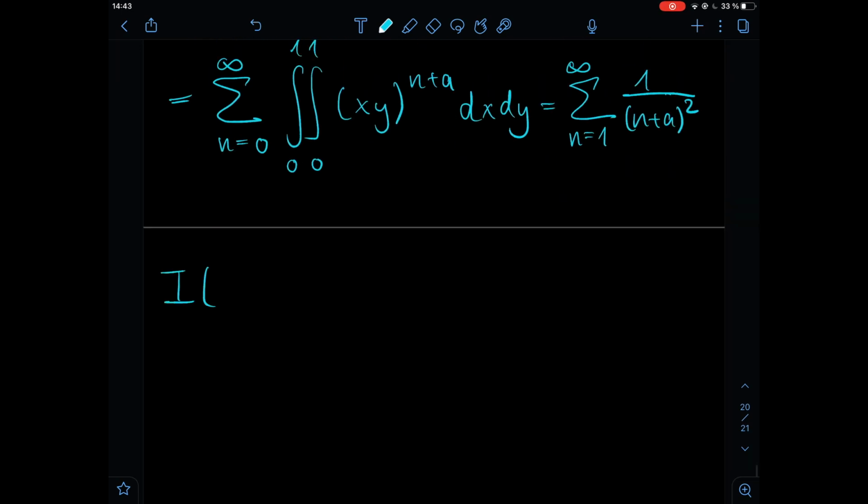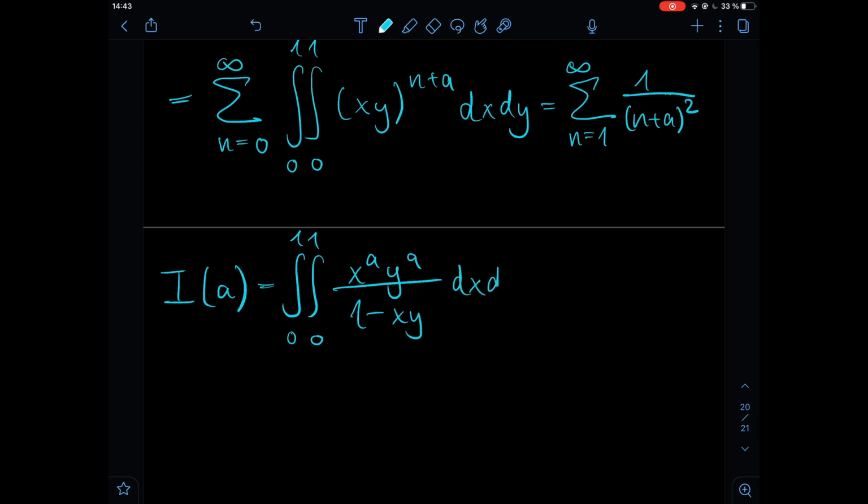We have the integral, the function I of a, which is dependent on a, is the double integral from 0 to 1 of x^a y^a divided by 1 minus xy dx dy, and the whole thing is equal to the infinite sum from n equals 1 up to infinity, 1 divided by (n+a) squared.